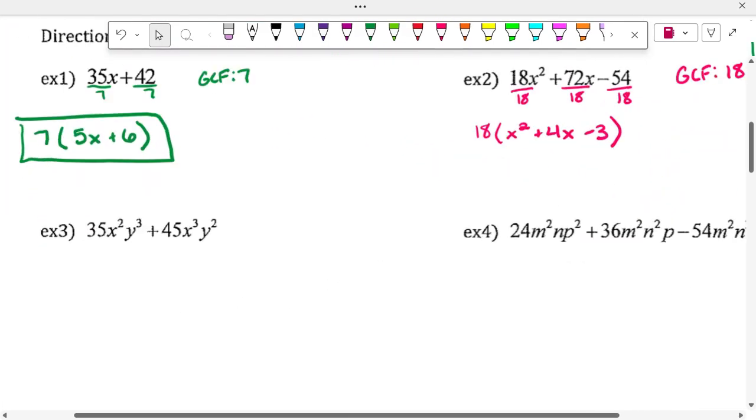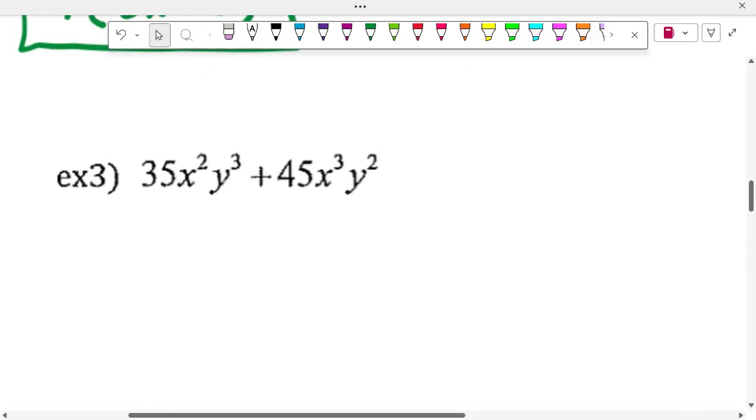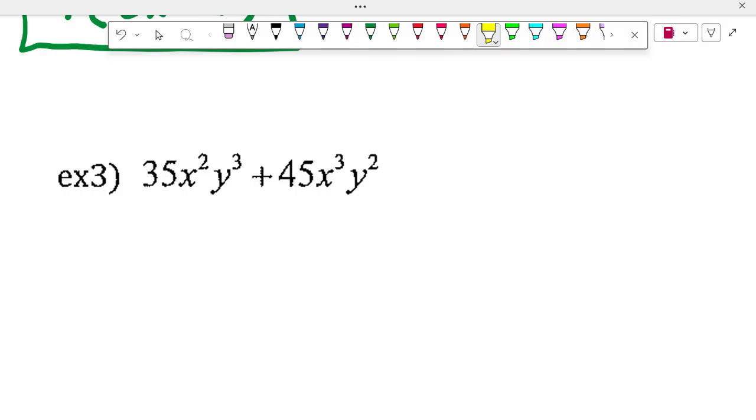Now, these next ones are going to have some variable GCFs. So what I always recommend to students is go one subtype at a time with your GCF. So let's start with numbers. What is the numerical GCF of 35 and 45? 5. Now, what do you think the GCF is of the x's? x squared.